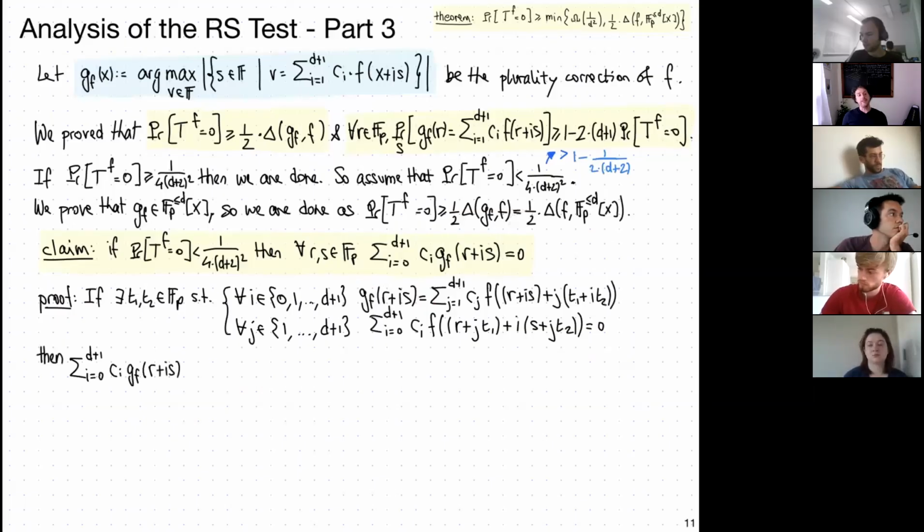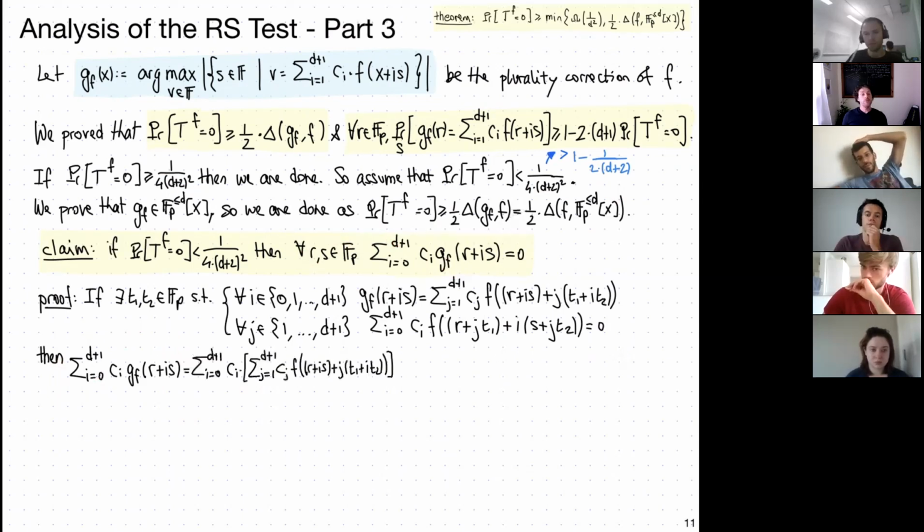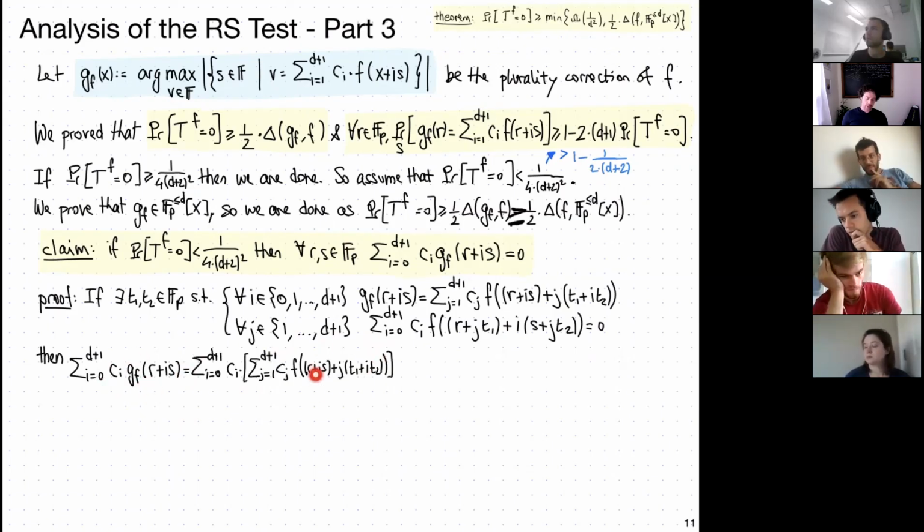So in this case, if we want to look at this term, which we want to show is equal to 0 for every RNS, I should say that we're fixing here an RNS, and we want to show that this is 0. So how do we show that? First of all, we write this, and we do the same trick that we did last time. I take this expression as is, I'm taking GF here, and I'm writing the correction at that point.